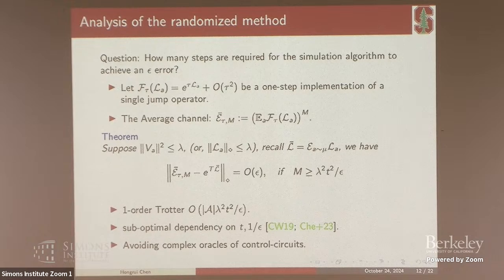But here we don't want to compare the complexity with the most fancy methods. We just want to say that we can use a simple method to simulate a Lindbladian with a large number of jump operators, and it will be very useful in our algorithm. This algorithm avoids complex oracles or control circuits. We only use Hamiltonian simulation on the system coupled with an ancilla qubit.